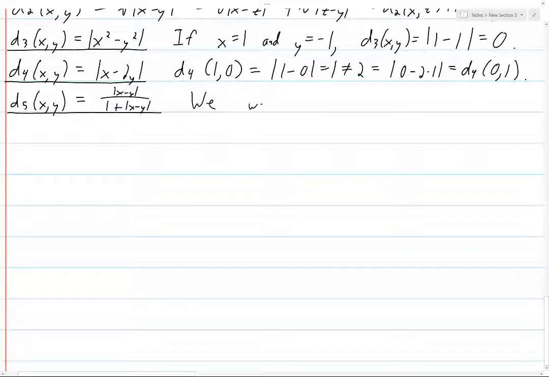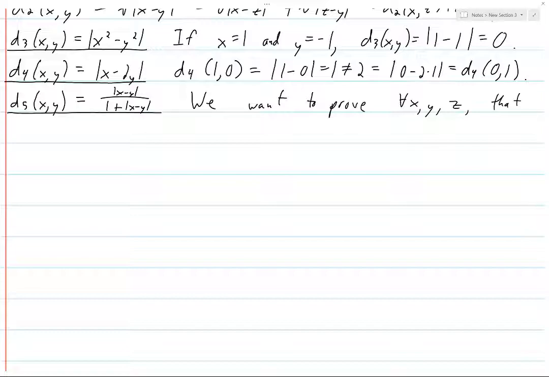So we want to prove, first of all, for all x, y, and z, that, obviously, if you have x equal to y, then you're going to get 0 over 1 plus 0, which is 0. If x is not equal to y, then you have some positive number over 1 plus some positive number, which is some positive number.